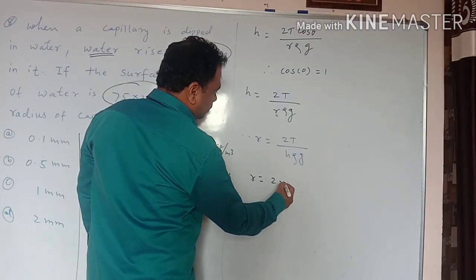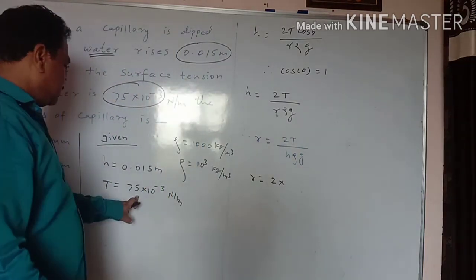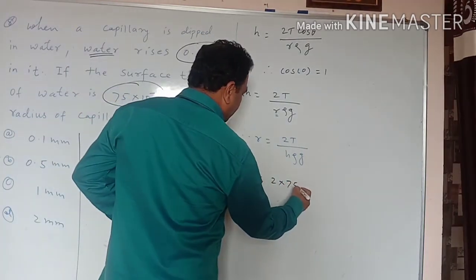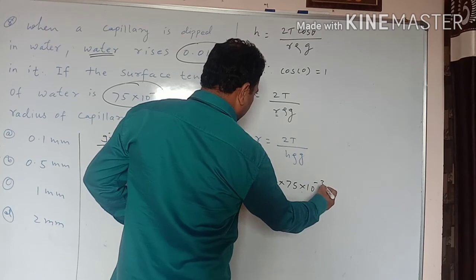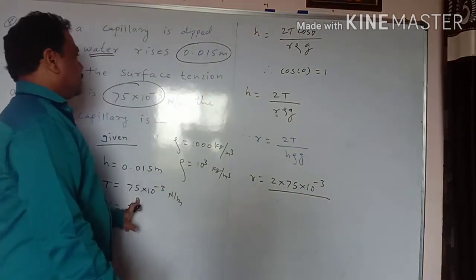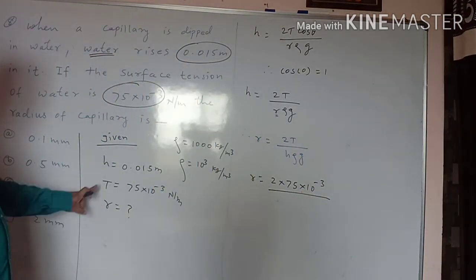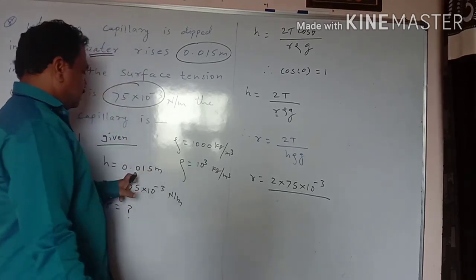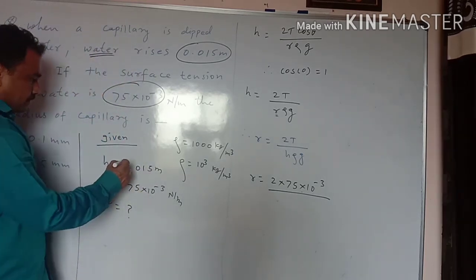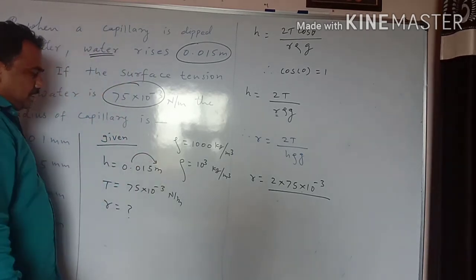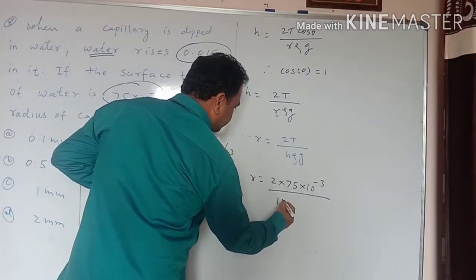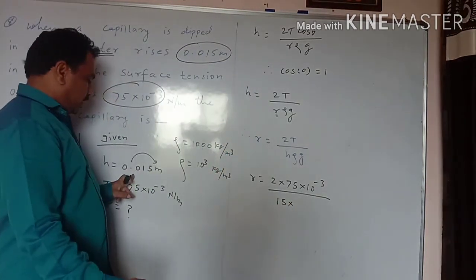So r is equal to 2, surface tension is given here, 75 into 10 to the power minus 3, then upon h, that is the height. Height is given, it is 0.015. So shift this decimal point after 3 digits. So we get here 15 into 10 to the power minus 3.